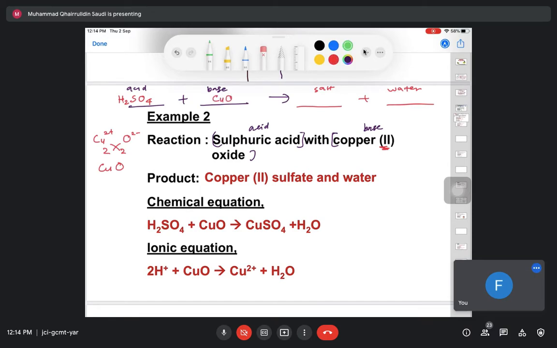Okay, how about the salt? How can we know the formula for the salt? Kita darab bersilang balik. Okay, we identify. This one is H plus, this one is SO4 2 minus. That is why it is important for you guys to memorize the ions. Okay, this one is Cu2 plus, this one is O2 minus. So remember, plus suka dekat minus. So this plus, dia tak nak dah kawan dengan this minus, dia ambil this minus. Well this minus tak nak kawan dengan H dah, dia nak kawan dengan plus yang lain.